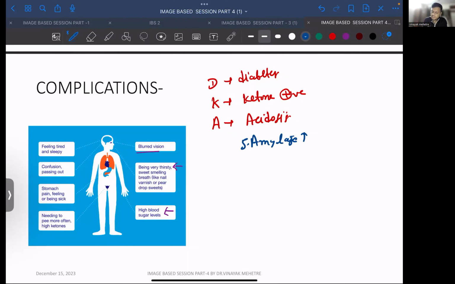What is the management? Anyone? What is the management? First line is always going to be IV fluids.